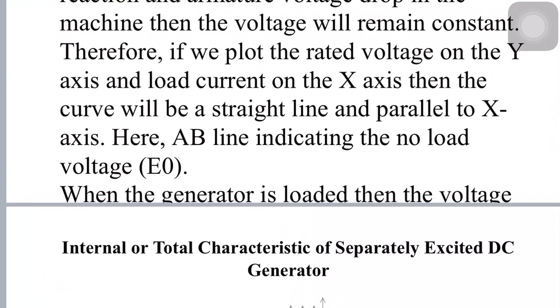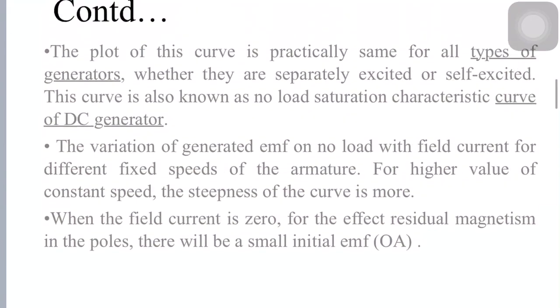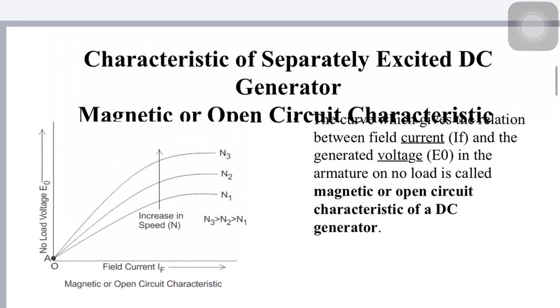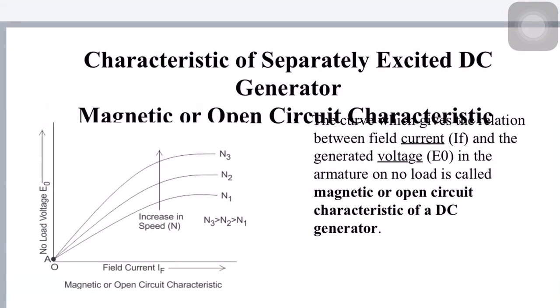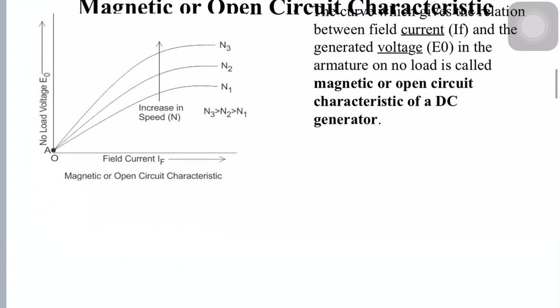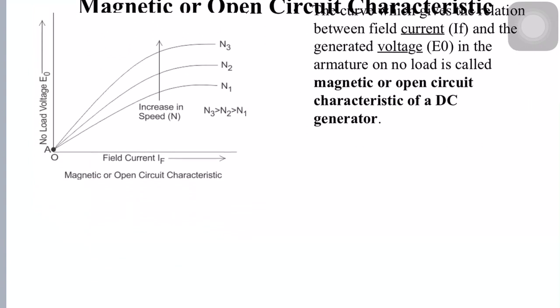Then this is about open circuit characteristics. The curve is drawn between field current and the generated voltage in the armature on no load, and initially it will not start from point O because of the residual magnetism. It will start from point A, and initially it is linear in nature.